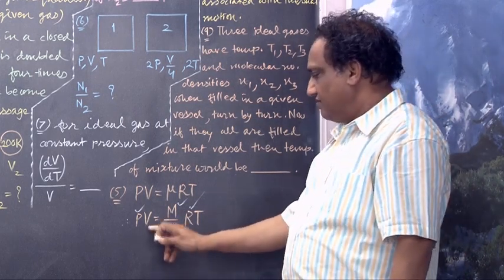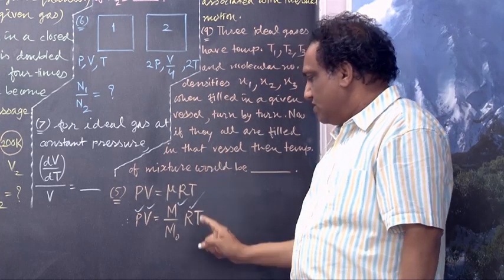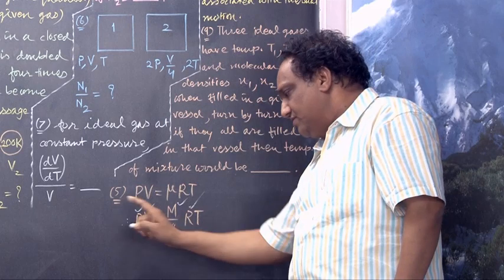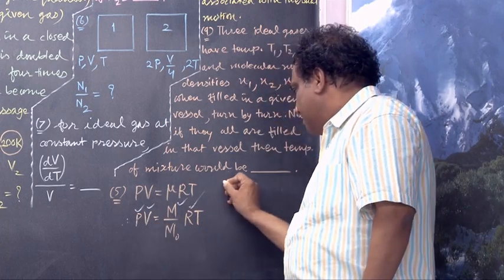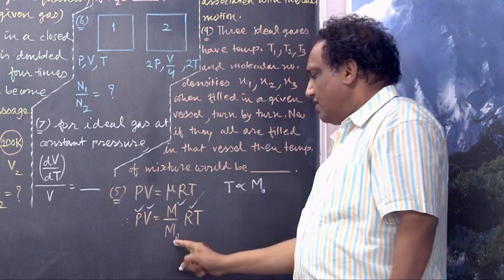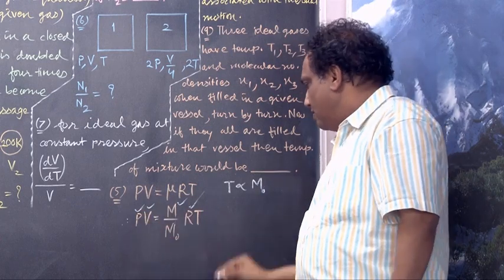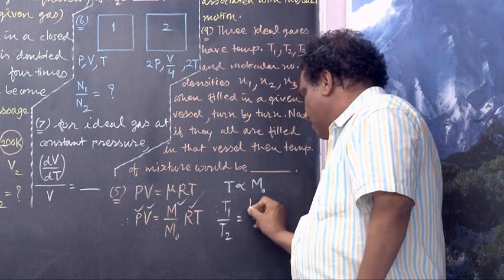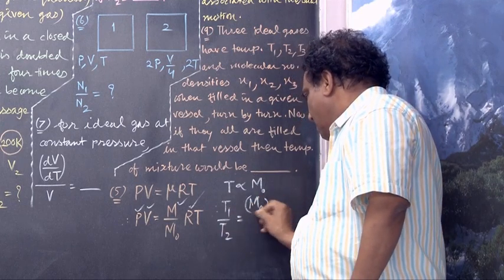So V is also constant. So now T upon M0 should remain constant, or you may transfer this M0 here. So implies that T is proportional to M0. Then T1 upon T2 will be equal to M01 upon M02.